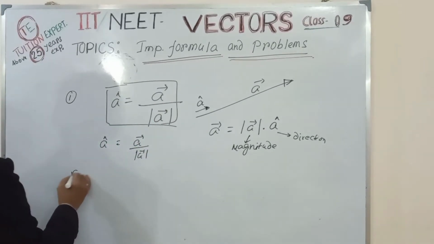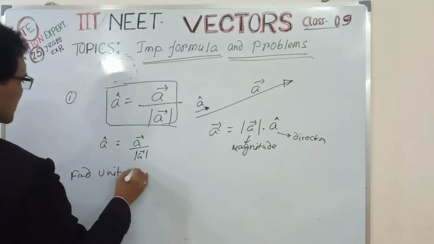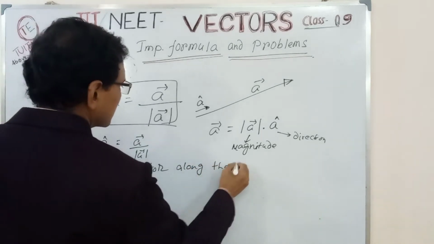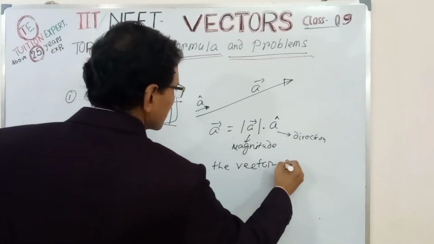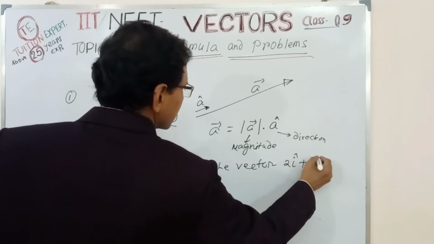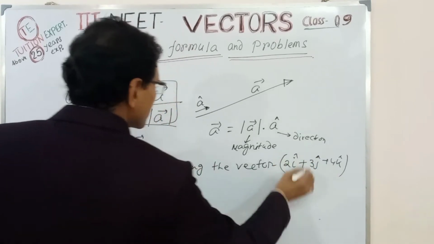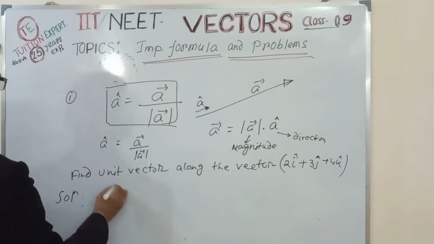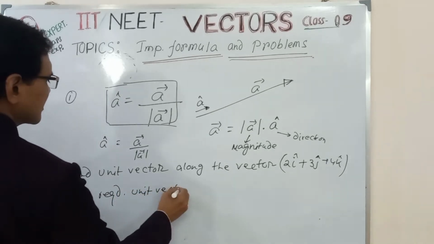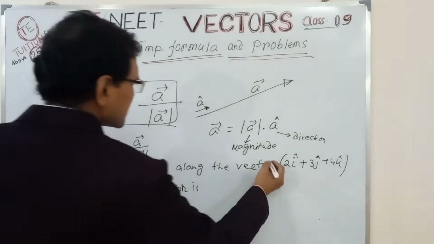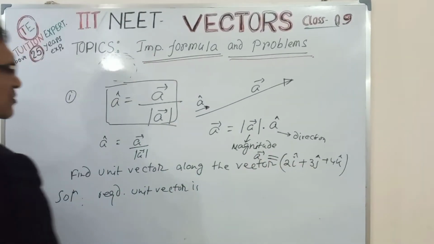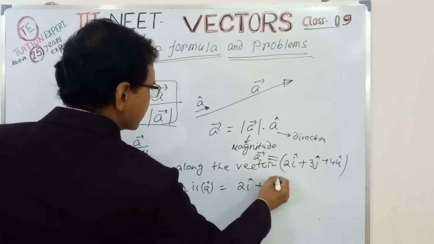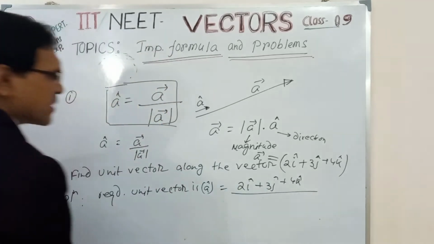The problem is: find the unit vector along the vector. Suppose this is one problem. So the solution will be: the required unit vector is vector divided by its magnitude.